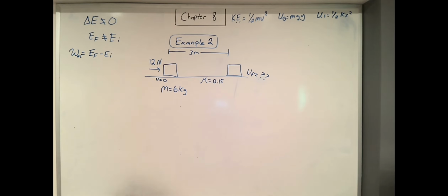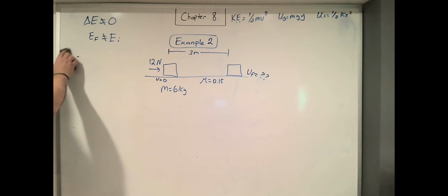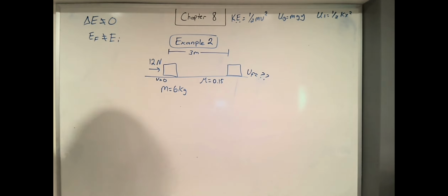So what I like to do with these is I like to look at the energy and figure out where exactly it has gone. I kind of do them as work being the change in energy.